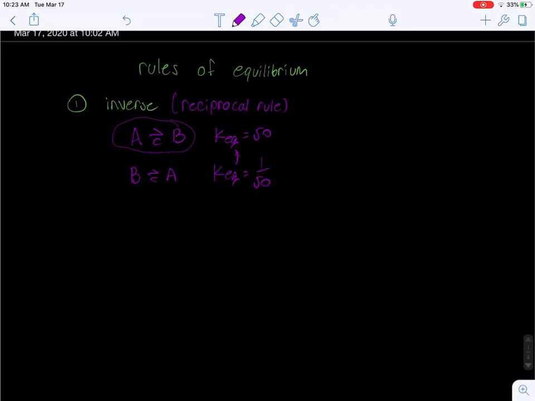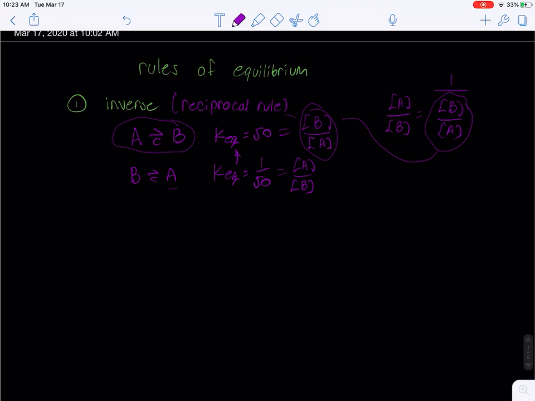How does that work? Well, remember that this is products over reactants, and this is products over reactants. A over B, that ratio is 1 over B over A. So B over A is 50, the original equilibrium constant.